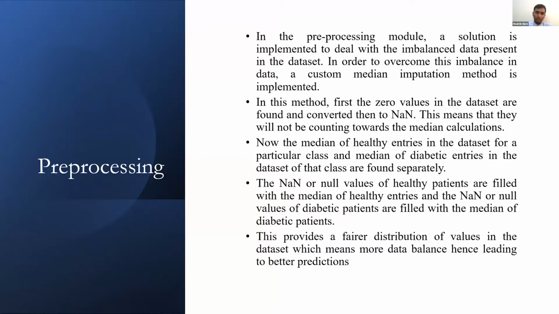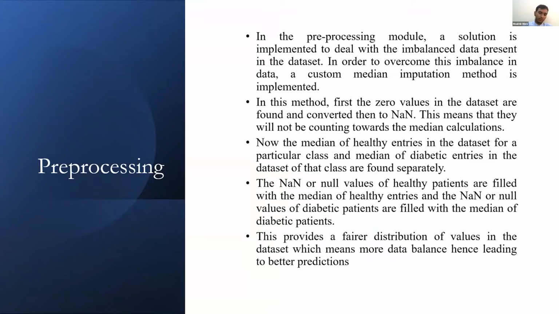So first is our pre-processing stage. In pre-processing, we've implemented a custom median imputation method, since the dataset contained a lot of zero values, which should not be there. We counted all those zero values and replaced them with not a number, so it wouldn't affect our median calculations.